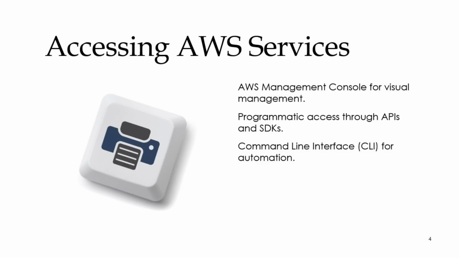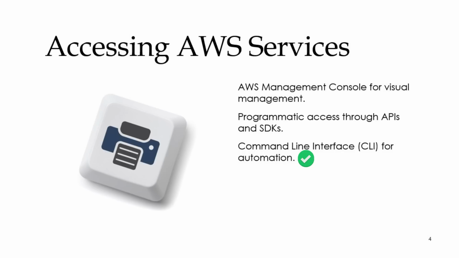In addition to the console and SDKs, AWS also provides a command line interface, or CLI, that allows you to interact with AWS services using text-based commands. This method is particularly useful for automating tasks, scripting complex operations, or integrating AWS with other command line tools.